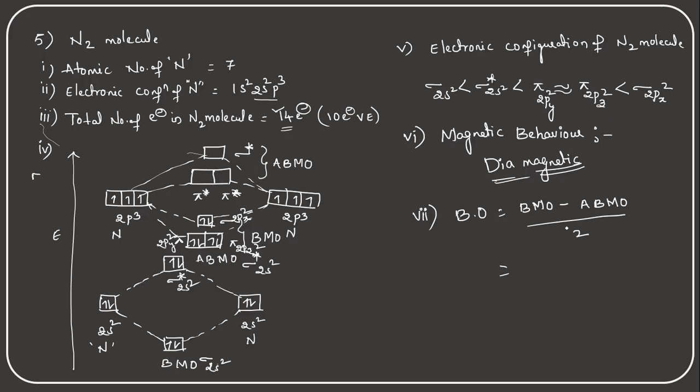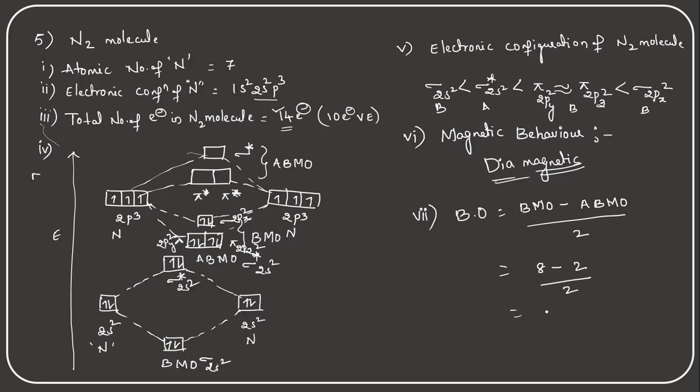So this is the bonding molecular orbital, and this is the anti-bonding, and these two are the bonding molecular orbitals. This is also a bonding molecular orbital. So total how many electrons? 2 plus 2, 4, 4 plus 2, 6, 6 plus 2, 8 electrons, minus the anti-bonding electrons, 2, divided by 2.